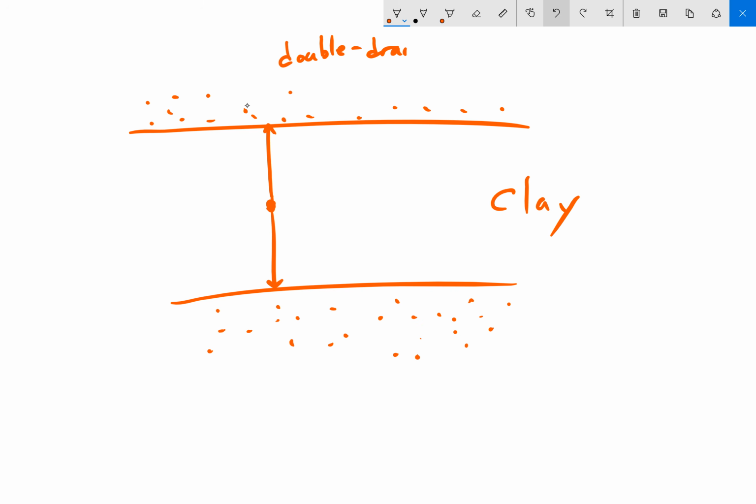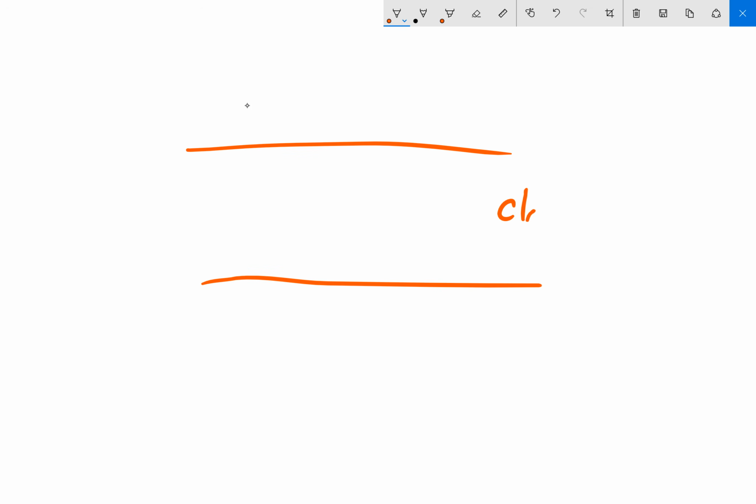Okay, so what's going to happen if, let's draw our clay layer again. Let's say up here we have more clay, something that is impermeable, and say down here is our sand. Okay, so in this instance, let's look at some scenarios.